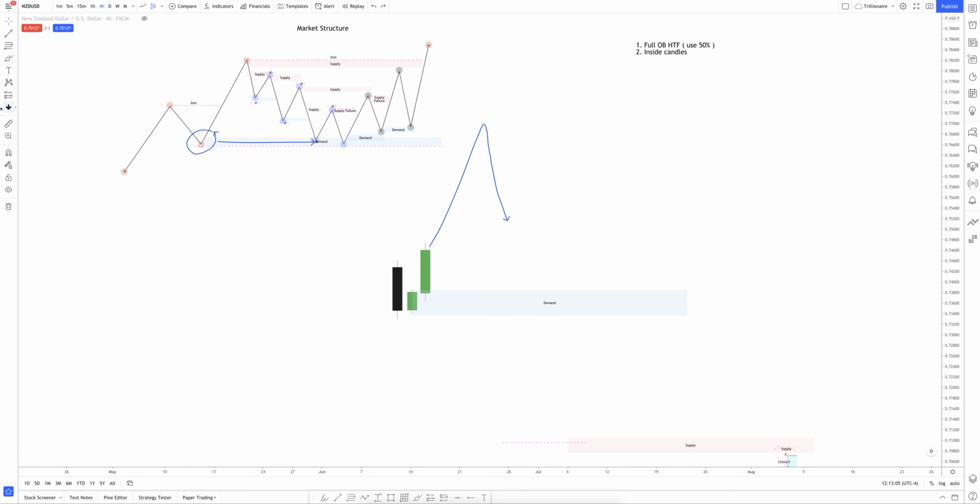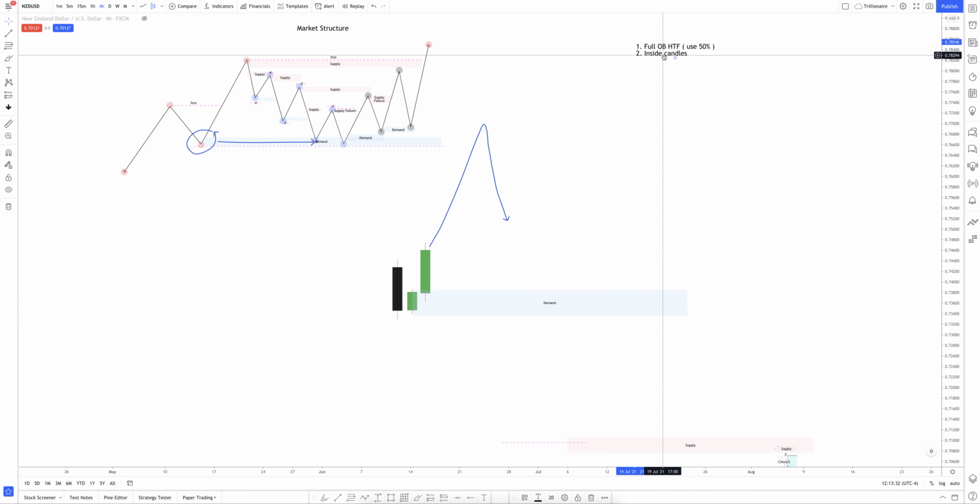Pros of an inside candle: your refinement is going to be a lot better. We can see we went from risking over 100 pips on this mock trade to only risking 50.3 pips, and that doubles our risk reward. So inside candles are options for refinement.